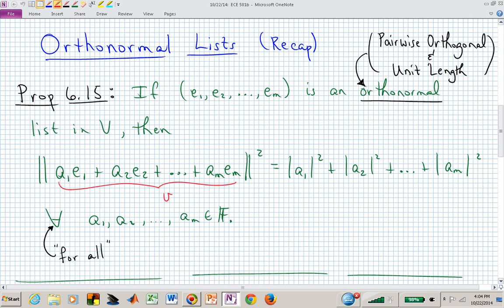Then if we have represented some arbitrary vector v in our vector space capital V as a linear combination of those orthonormal vectors, then the norm squared of that vector V can be found by simply taking the scalars in our linear combination of V, finding their absolute value, squaring that, and adding those up. And that's playing on this property of these vectors in this list being orthonormal.